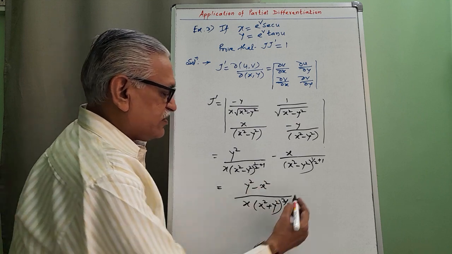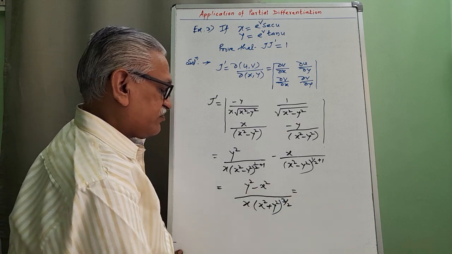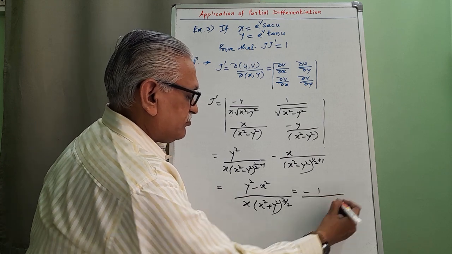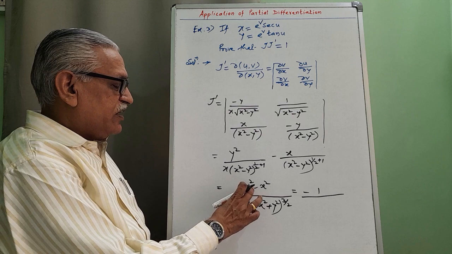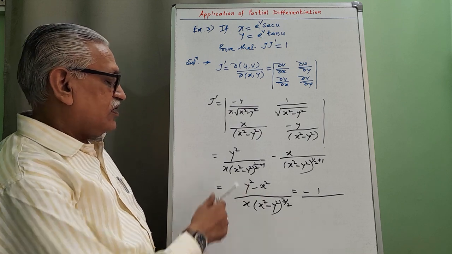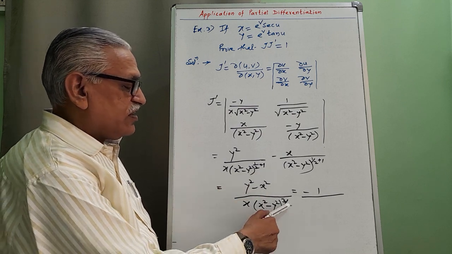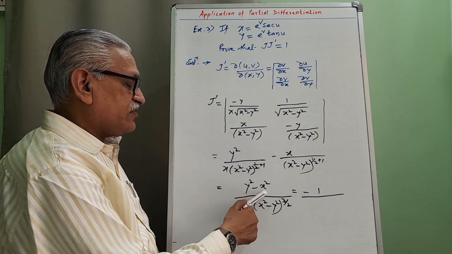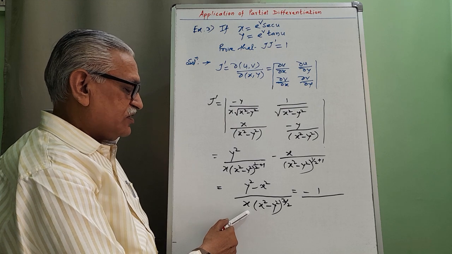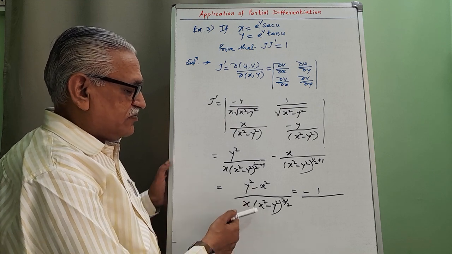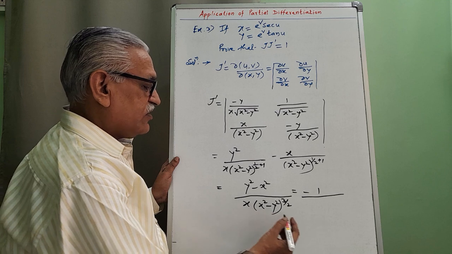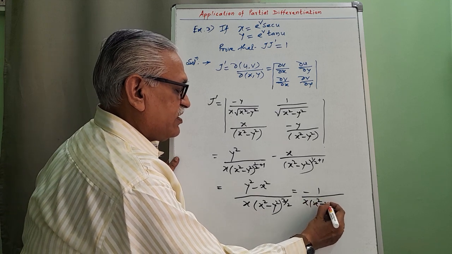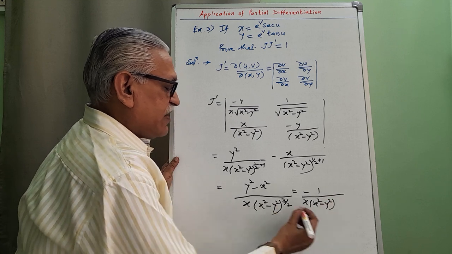Transferring this to the denominator, we get that value as 1 upon, taking minus sign common, x square minus y square. Here it is x square minus y square raised to 3 by 2. Cross multiplying we get y square minus x square upon this. Transferring this by taking minus sign common, we get x into x square minus y square, 3 by 2 minus 1.